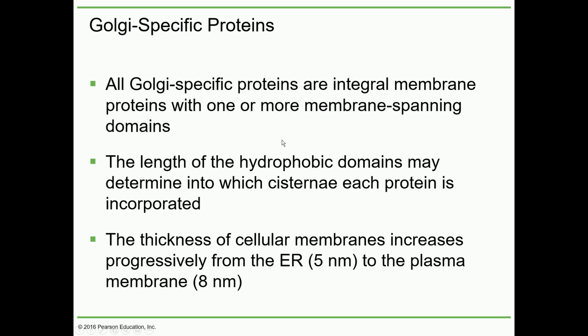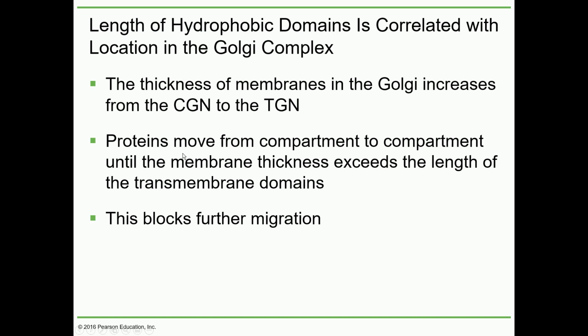So the length of the hydrophobic domain may determine into which cisternae each protein is incorporated, because these cisternae have different thickness. The length of the hydrophobic domain of the protein may determine into which cisternae each protein is incorporated. The thickness of the membrane in the Golgi increases from the CGN to the TGN.